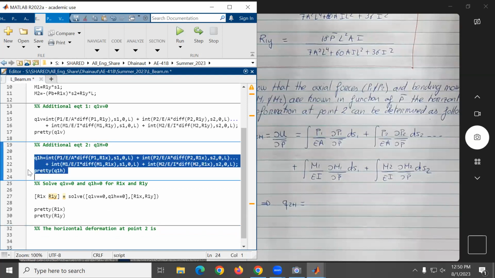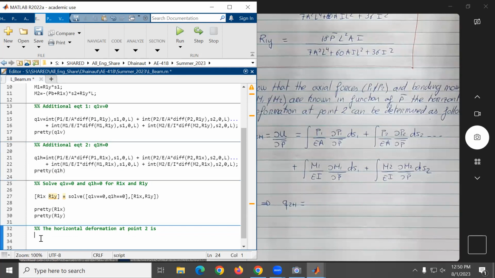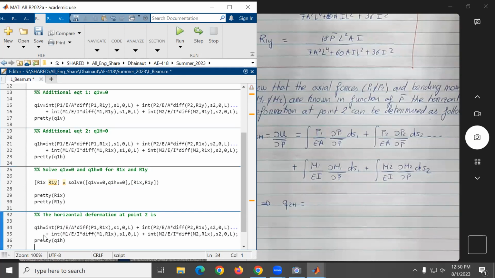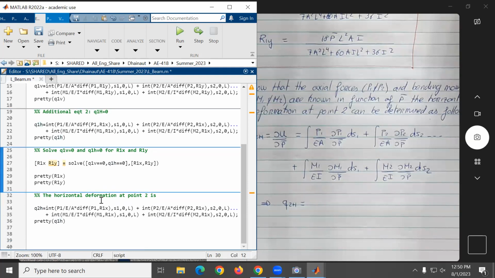Control C, Control V. So Q2 horizontal, let's say, which is the one we need. What do I need to change over here? The R1X by P bar.